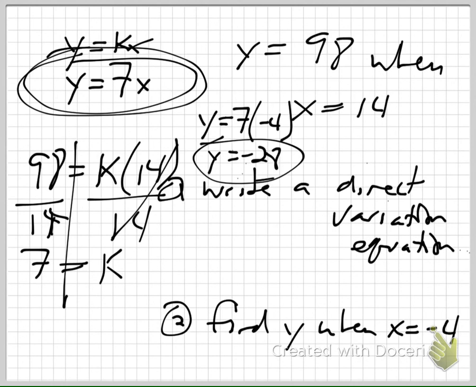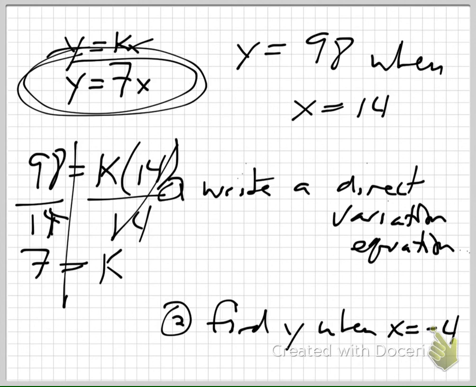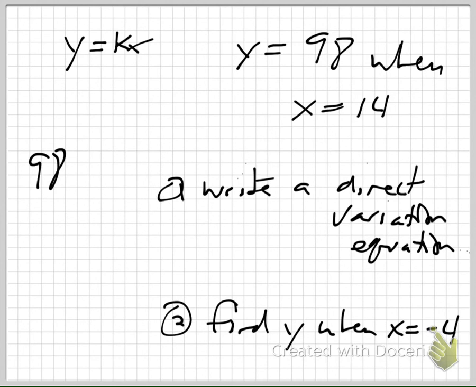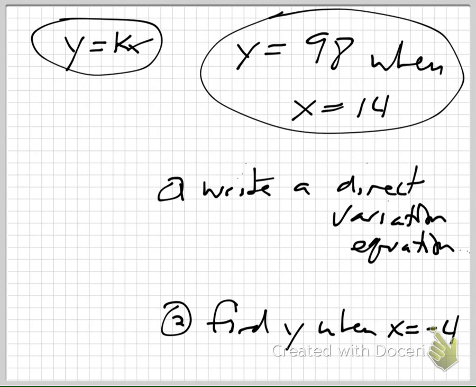Okay? Remember, just really quick, a recap for those of you that didn't, because I didn't do this. You start out with y equals kx. Then you have to rewrite y equals kx, except you have to know what k is. To do that, you use the information they gave you.